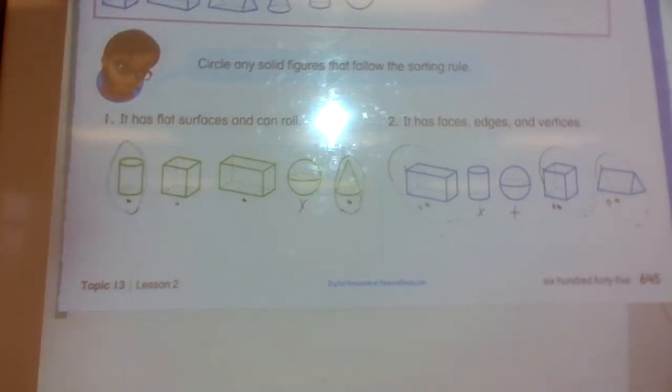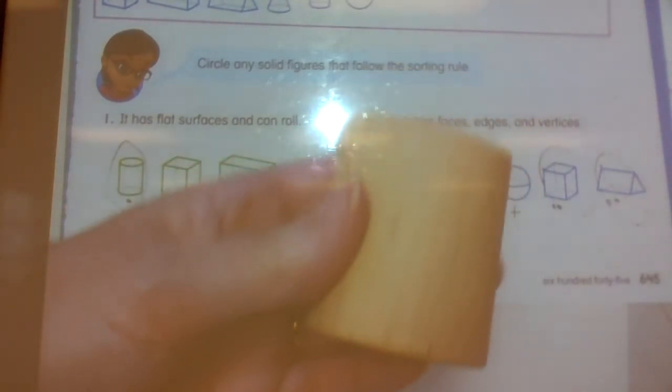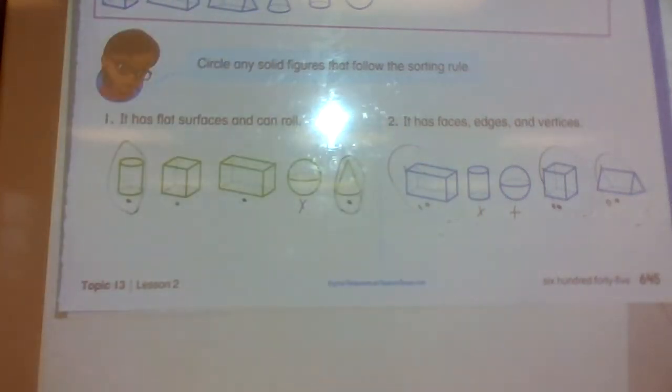Okay, so that's what we're doing today, just for our lesson about roll, stack, and slide. Now, if you can find some three-dimensional objects in your house like we looked for yesterday, you might gather those up and do the roll, stack, and slide. Like if you have a tennis ball or a basketball, do the roll. If you can find a can, something shaped like a cylinder, do the roll.